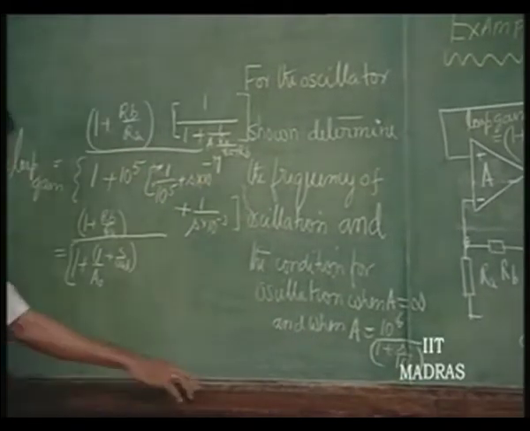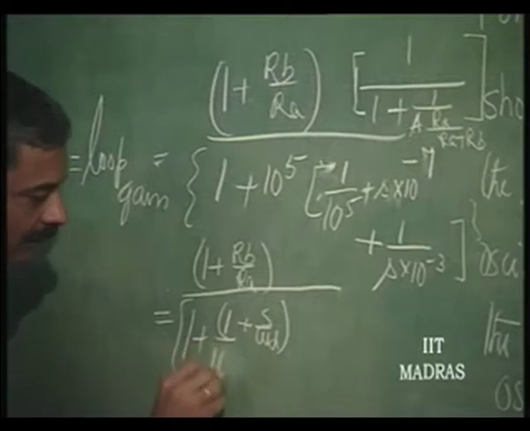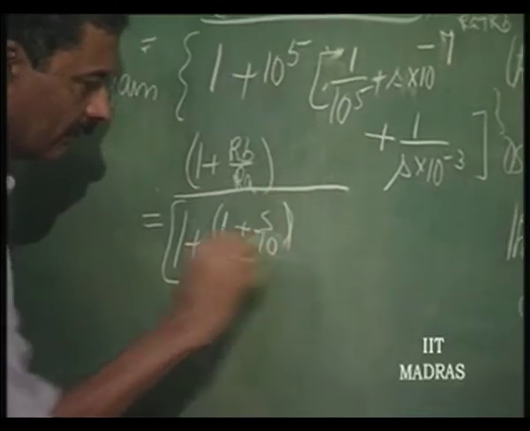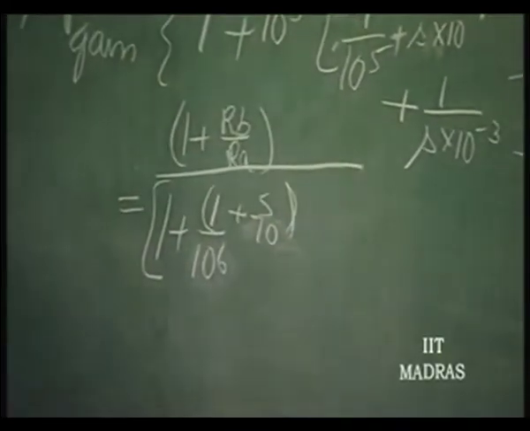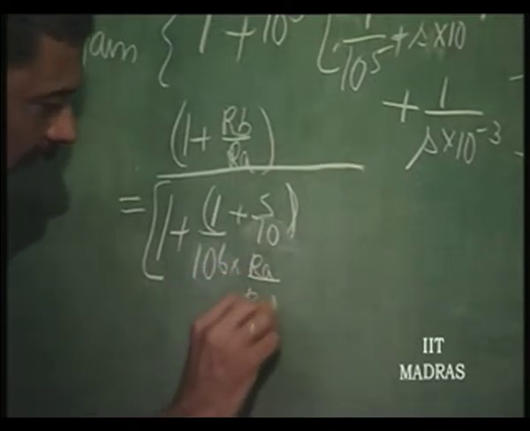So, A naught is in this case 10 to the power 6 and omega d is 10, okay. That into Ra by Ra plus Rb.